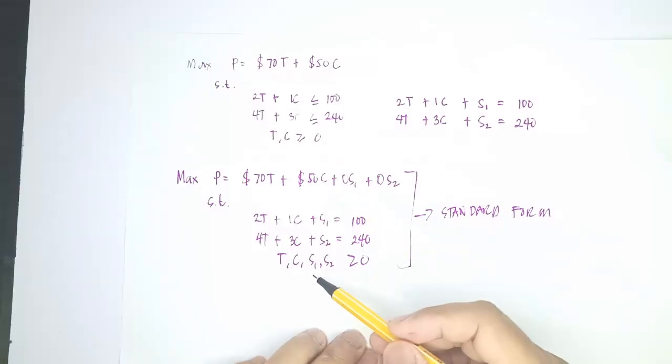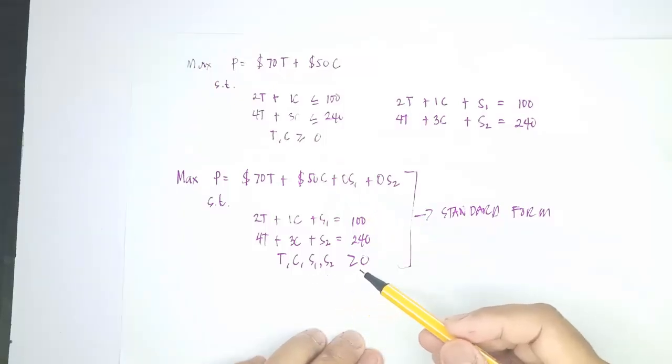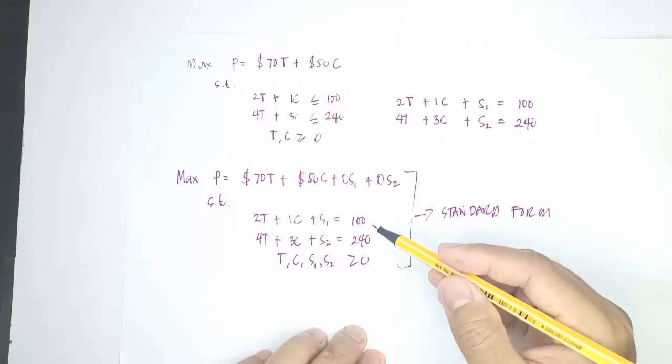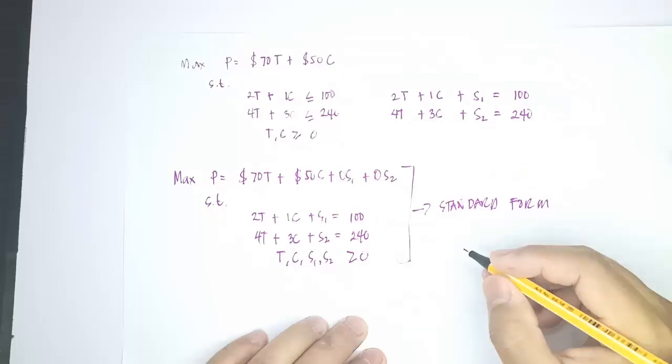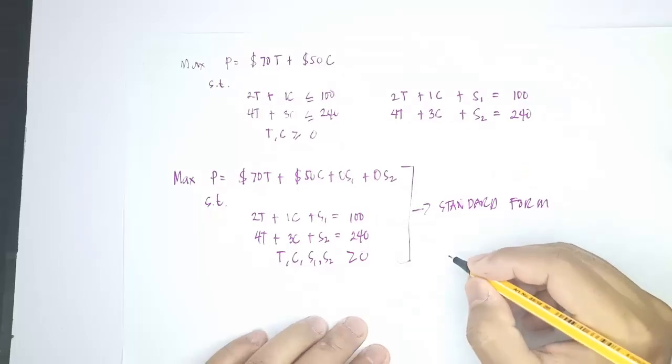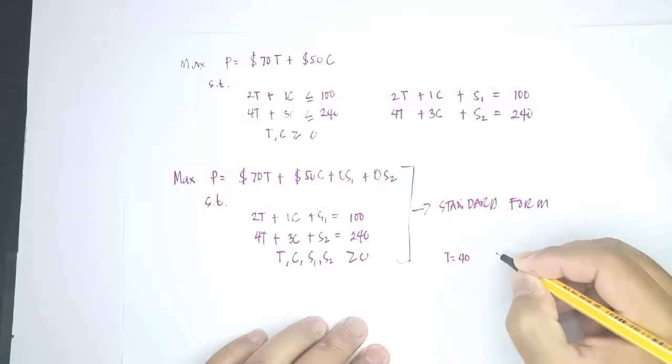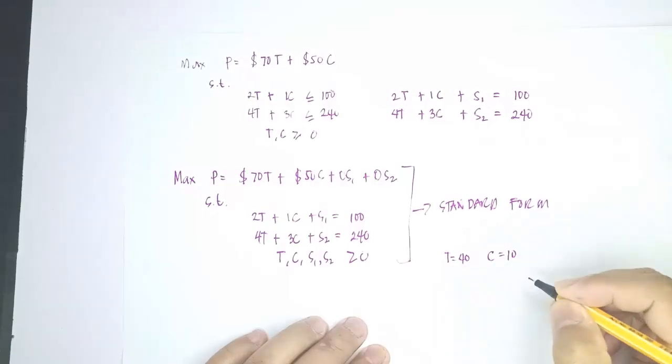At the same time, S1 and S2 are also greater than or equal to 0. Slack variables represent the unused resources in each of the constraints. To show this, for instance, we are to produce 40 tables and 10 chairs.